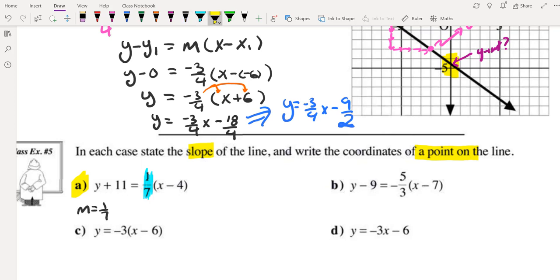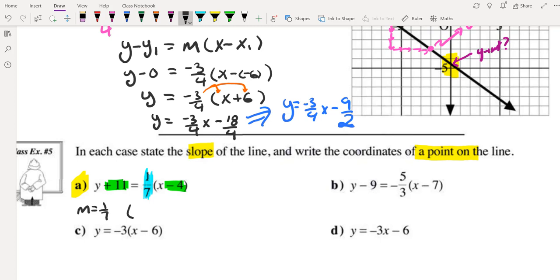Now our point: our y value is there and our x value is here. Remember in our equation, these are minus y and minus x. So our point is not -4 for the x value.